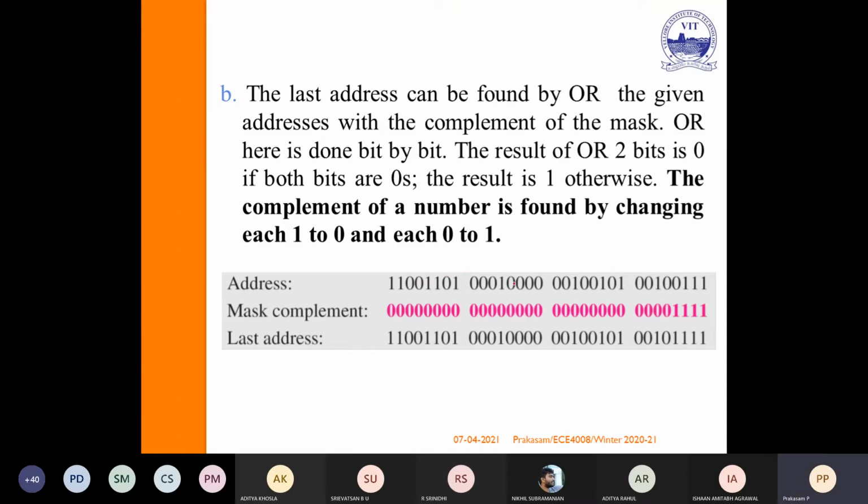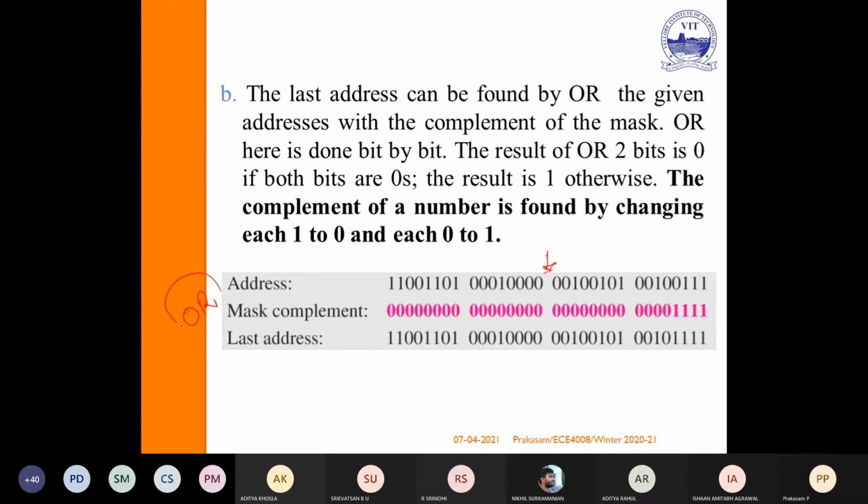This is the IP address in its binary equivalent. This is the complement of the mask, because the mask is the first 28 ones, then the remaining 4 zeros. So complementing, the first 28 bits are 0 and the last 4 bits are 1. Just do the OR operation.